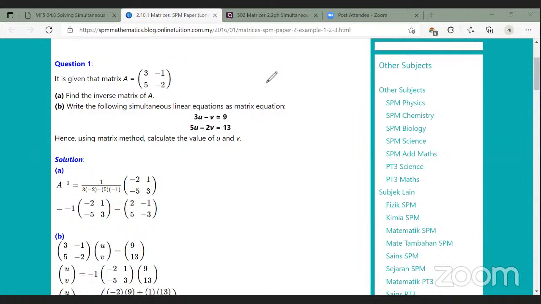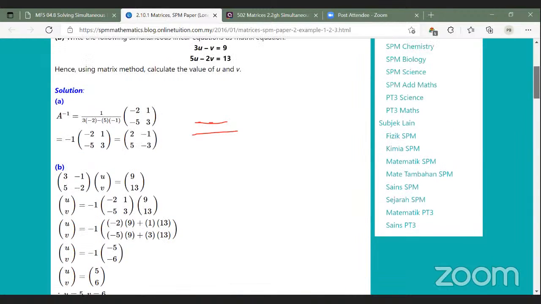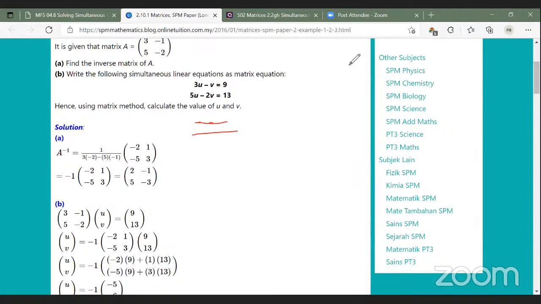So they give you a set of unknowns, which is u and v, and they already gave you the equations in, like we established earlier, a not so standard form. So your first step would be to rearrange the equation.